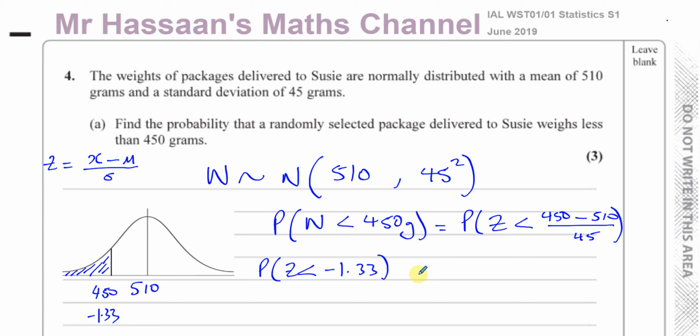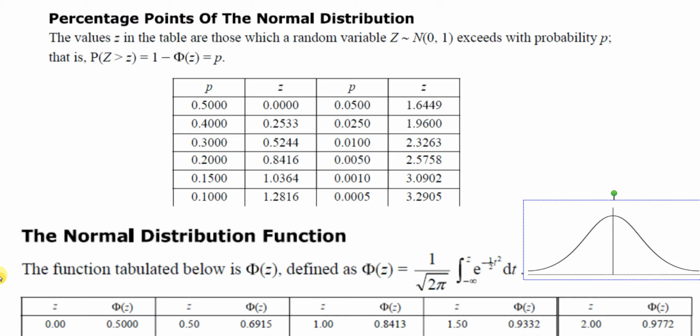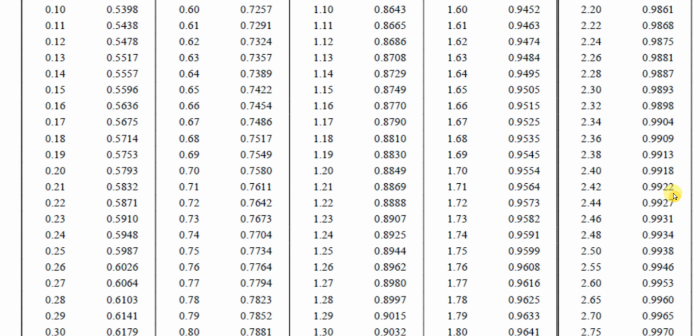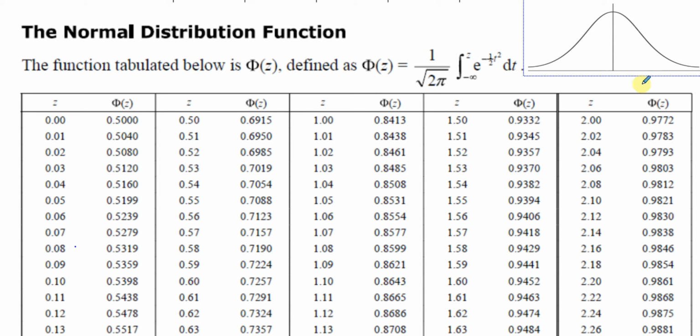Now the problem is our table of values for Z, which I'll show you here, does not include Z values which are negative. They start at 0. So we don't have a negative 1.33. This phi Z is the area to the left of the Z value given here.